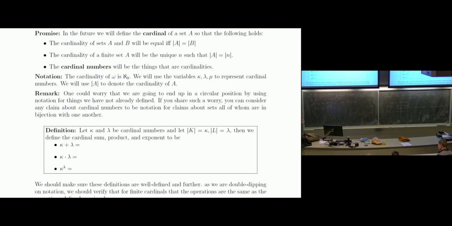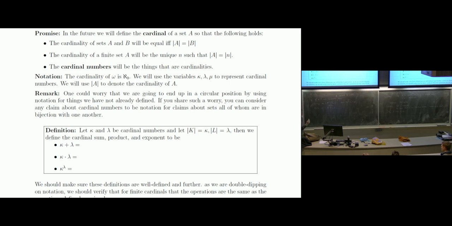So it's like I've put the set of size K on the x-axis and the set of size L on the y-axis, and I take all of the points in the corresponding grid that I get, right? These hopefully should match with your intuition of what happens in the finite case. So if this is n and this is m, then I take a collection of size n and a collection of size m, and I make a grid, and however many points there are in the grid, that's the product, right? So they should work in the finite case.